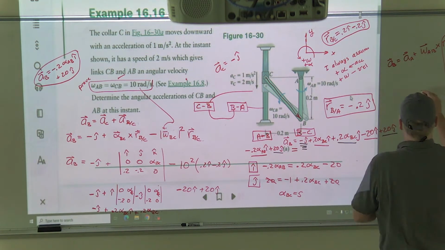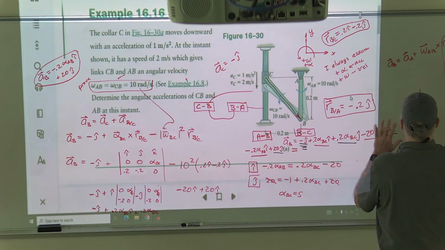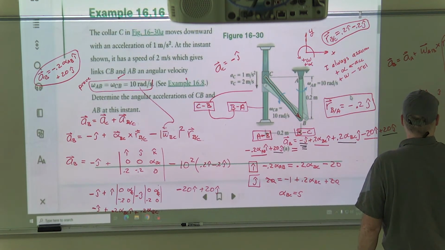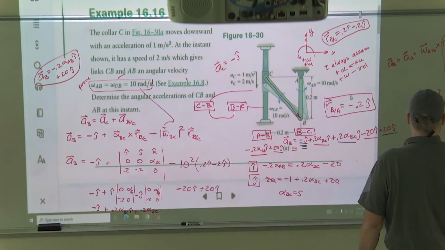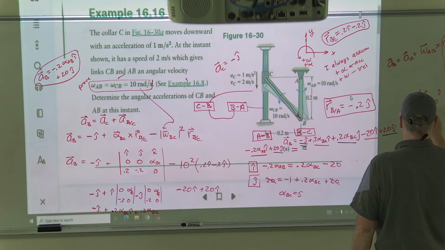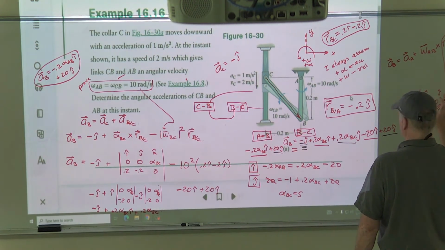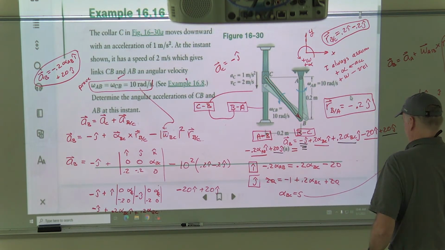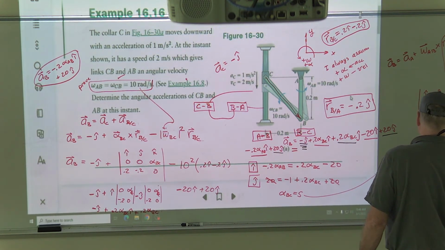So now, let me go in here. Before I claim there's a mistake, here's the thing. I, J, K, 0, 0, omega AB. He may have done something opposite to what I would do. And in that case, here's what I'm going to look at. So I'll say alpha BC is equal to 5 in this direction.